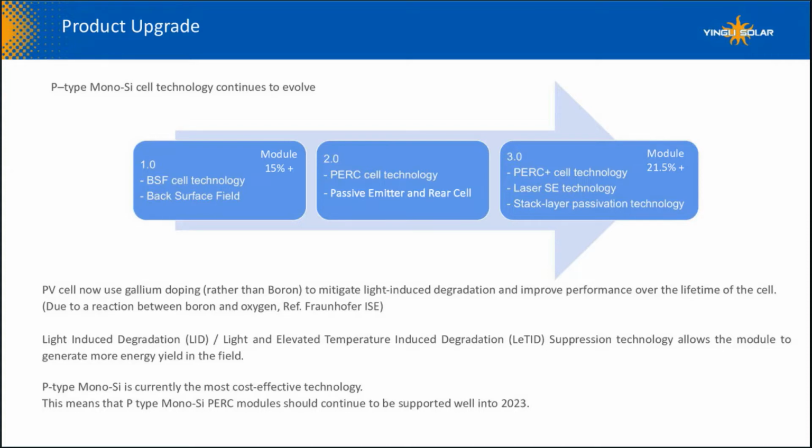Some of the early challenges, including light and elevated temperature-induced degradation, have been suppressed by substituting boron-doped silicon with alternatives such as gallium.